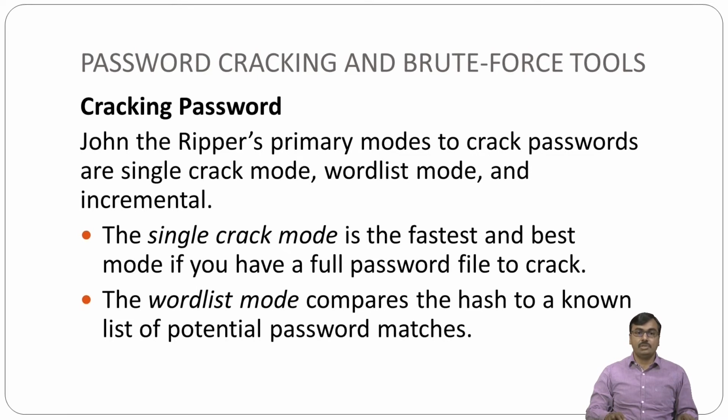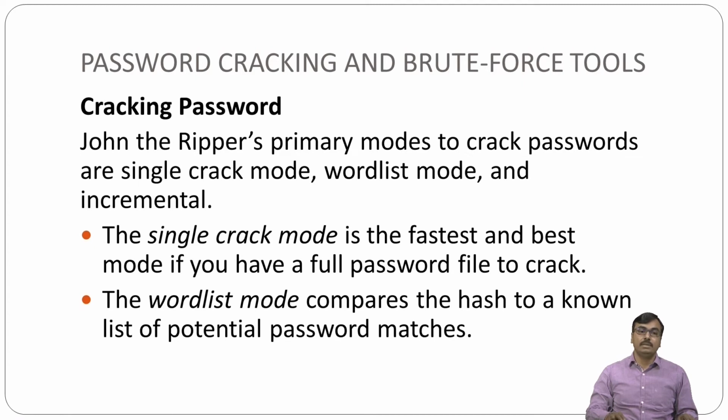After installing JTR, John the Ripper's primary modes to crack a password are single crack mode, word list mode, and incremental. The single crack mode is the fastest and best mode if you have a full password file to crack.